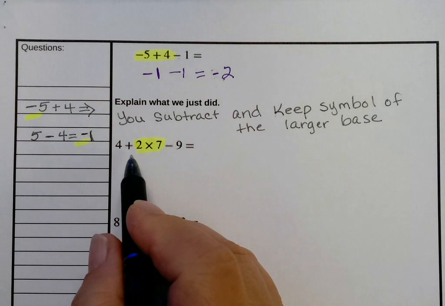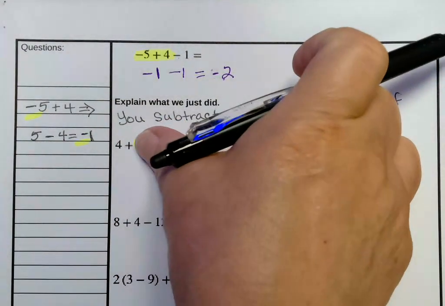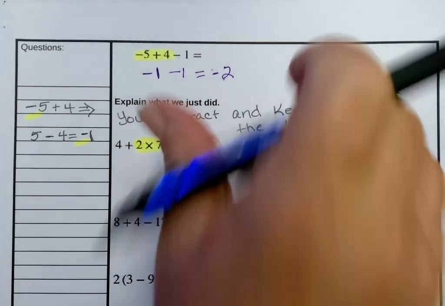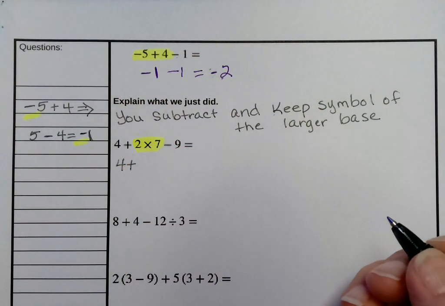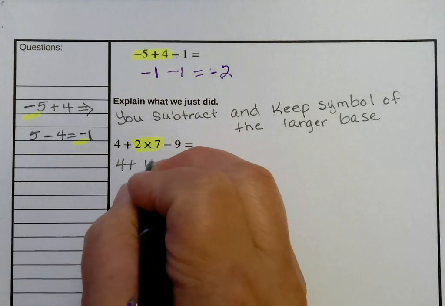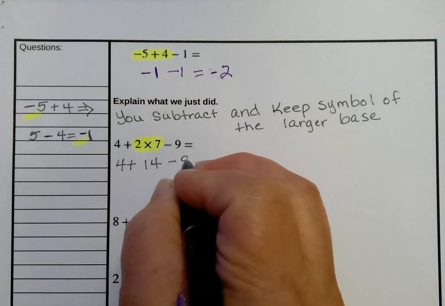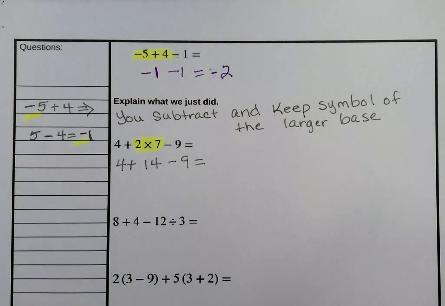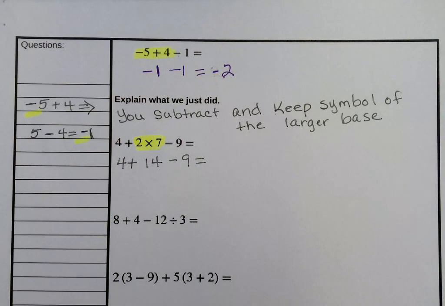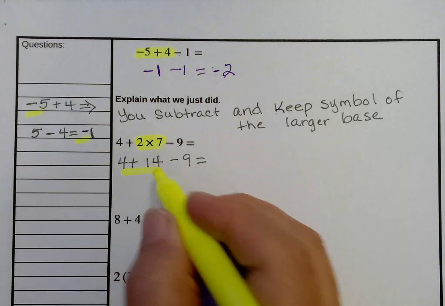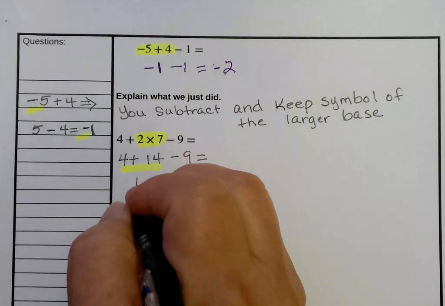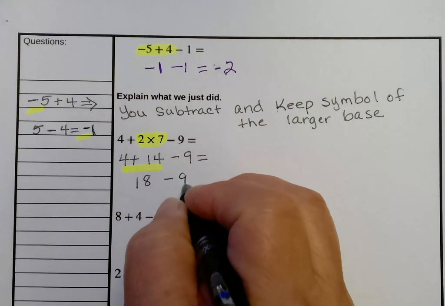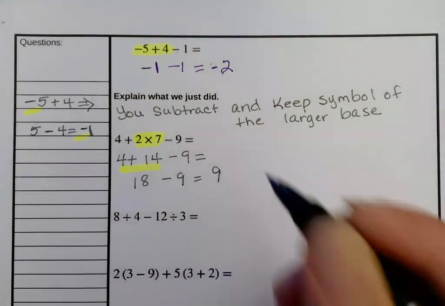So while I'm looking at this, nothing's going to change up to here, so I rapidly write this down again. 4 plus 2 times 7 is 14, minus 9 equals. Okay, once again, you've got addition and subtraction. Which are you going to do first? Whichever one comes first. 4 plus 14 is 18. Minus 9 leaves you with 9.